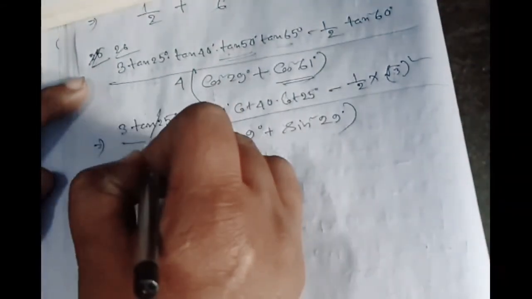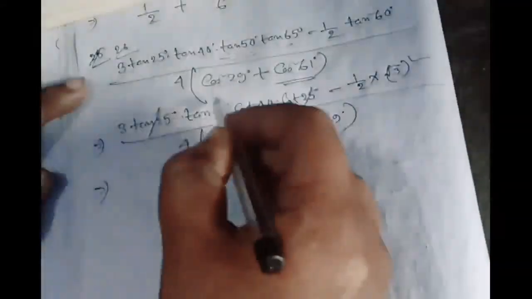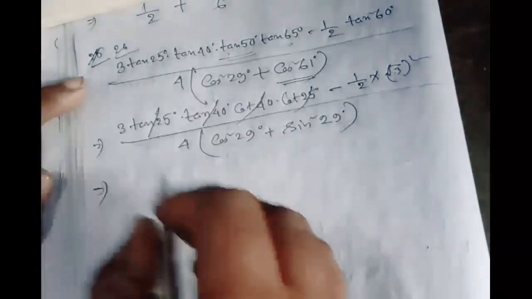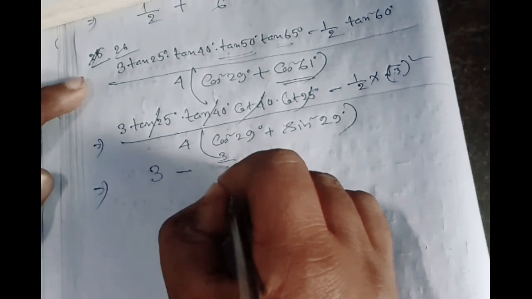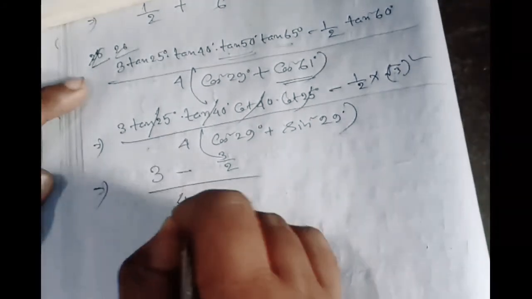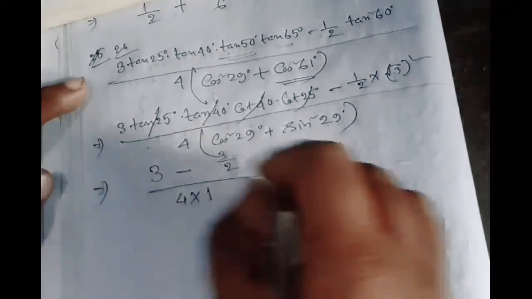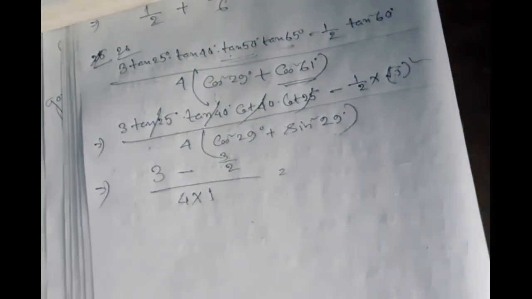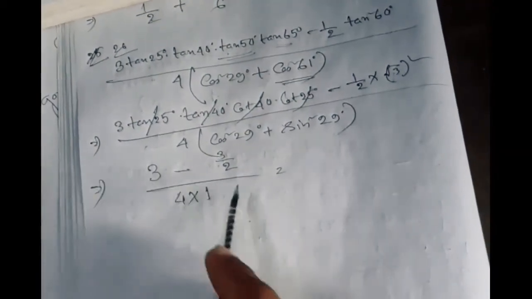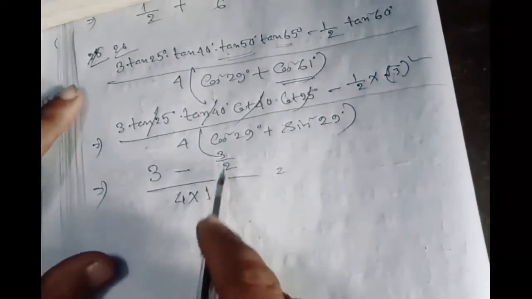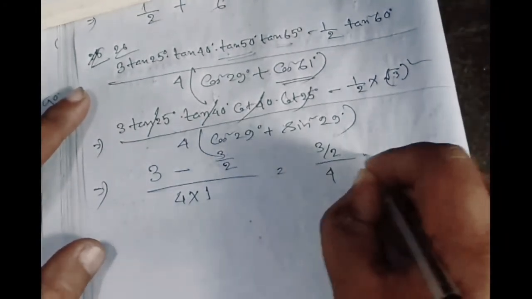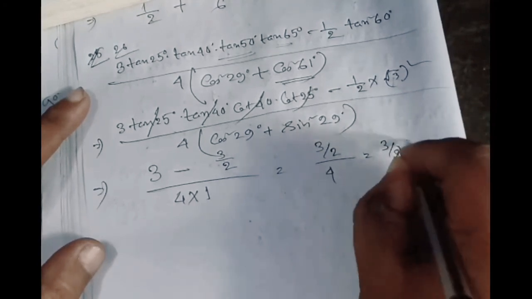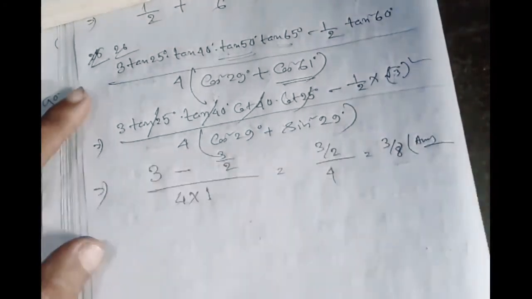Now if you do the calculations, tan is cancelled by cot, so 3 minus 3 by 2, divided by 4 into 1. This can be written as 3 by 2 by 4, means 3 by 8 will be the required answer.